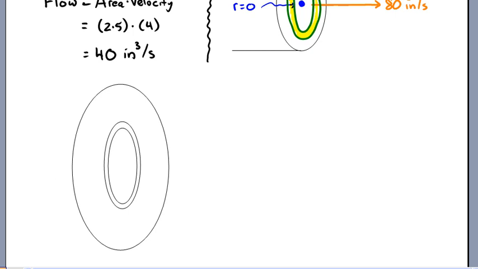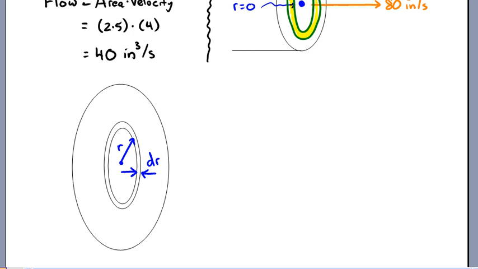So we're going to say that that particular ring is located some distance r away from the center. So r, we'll talk about this distance. But then the thickness of the ring is just going to be dr, just a small little change in the r.